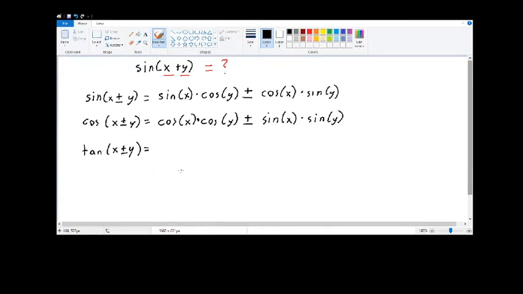And tangent subverts the idea entirely and instead actually has a fraction where we take the tangent of x and we add or subtract it to the tangent of y, on top of 1 plus or minus the tangent of x times the tangent of y.